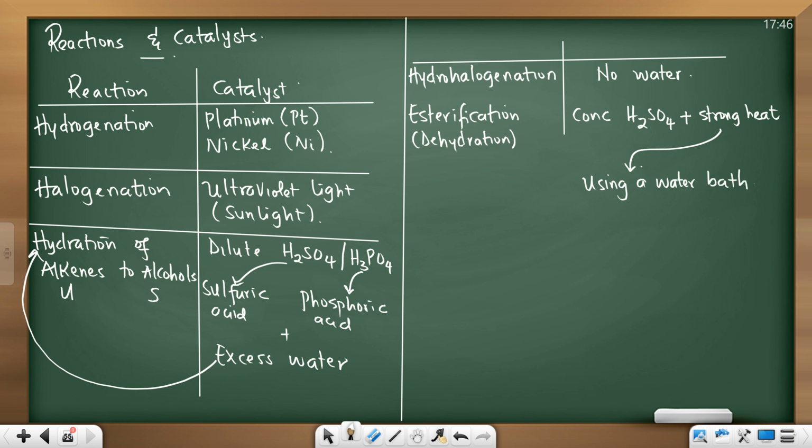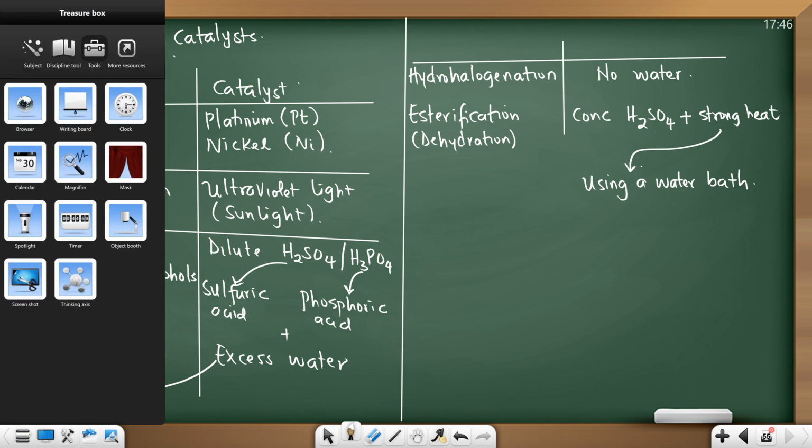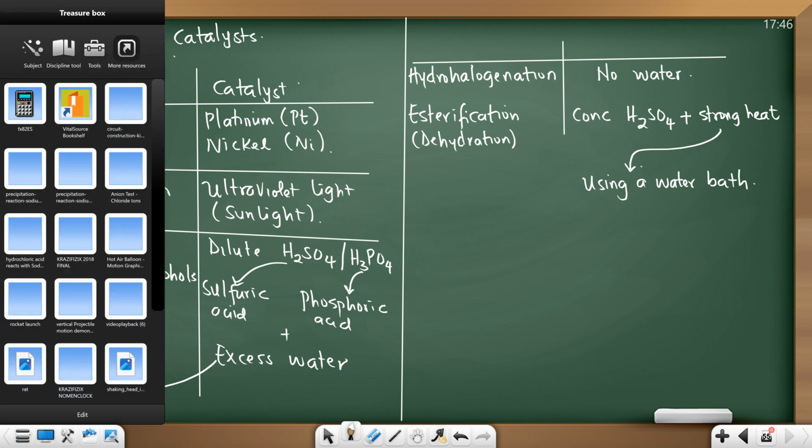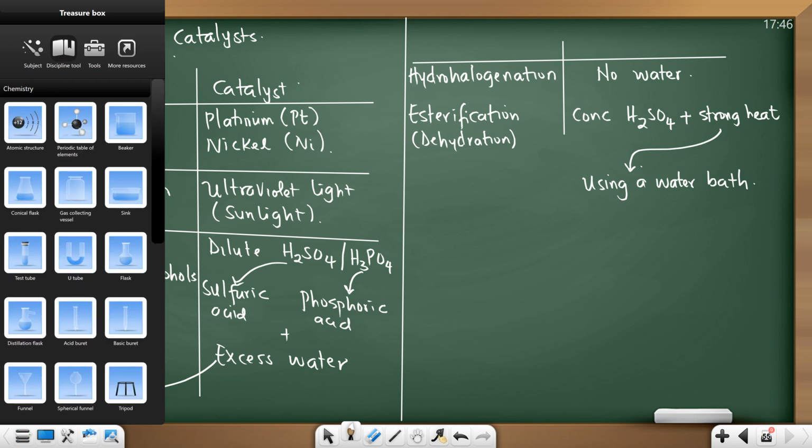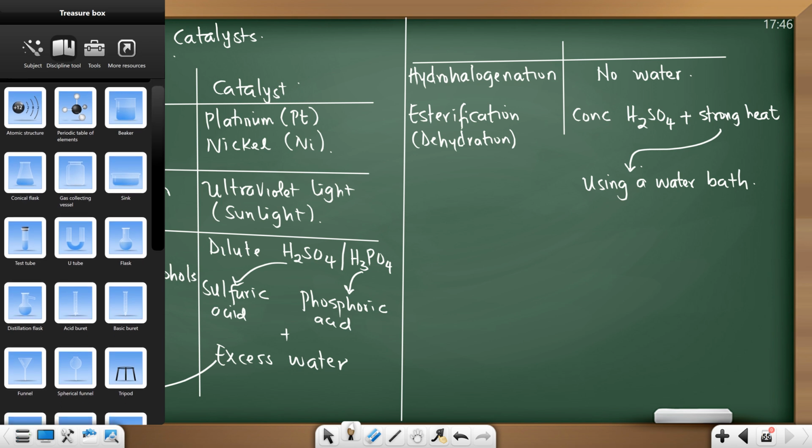You guys did this in class. Can somebody tell me why we use a water bath? And what is a water bath? Why do we use a water bath? Yes, Naledi? I think it's because during the reaction, alcohol is involved, and alcohol is highly flammable.